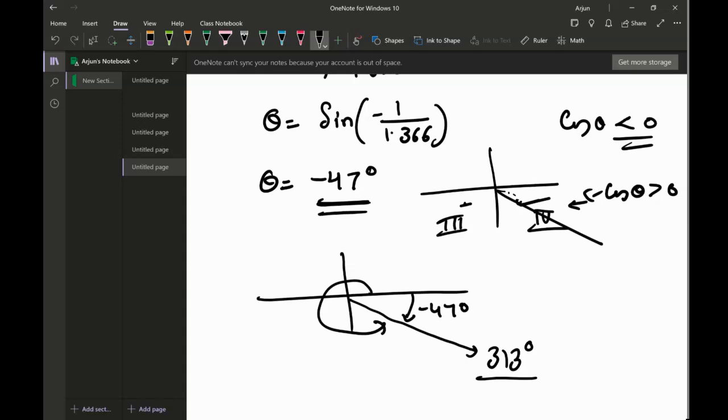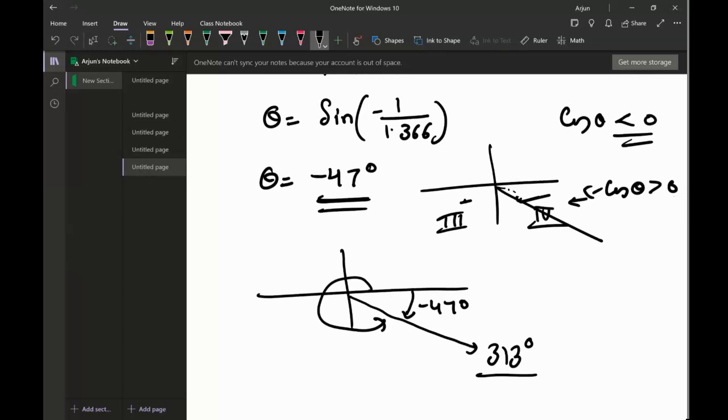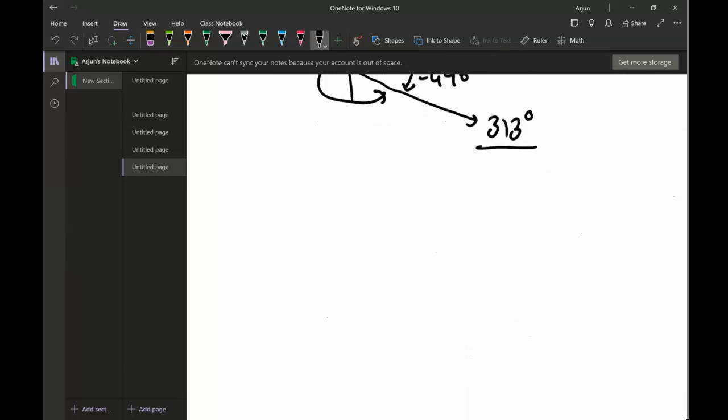Hopefully you were able to understand how to solve these questions. Let me quickly look into 8.3 also. I'll quickly tell you how to convert degrees into radians and radians into degrees. You don't need to do too much.